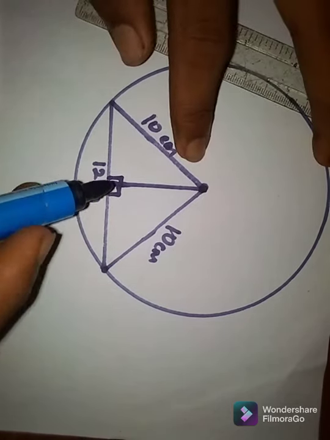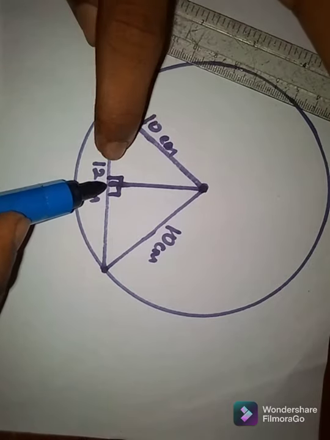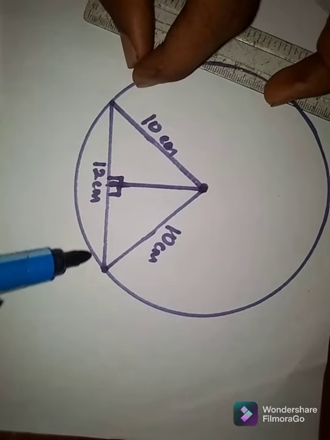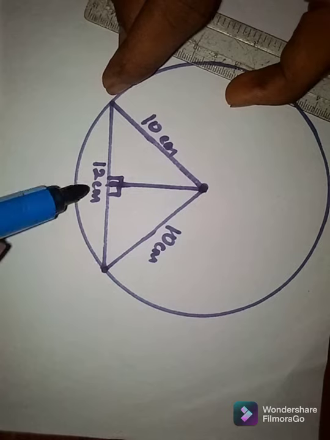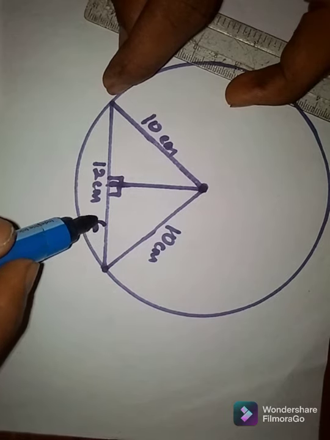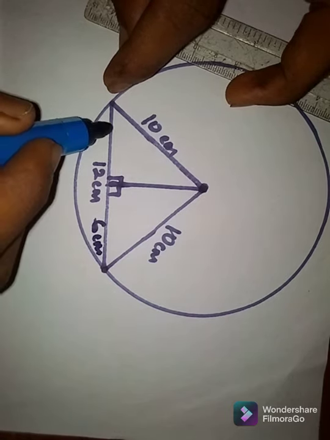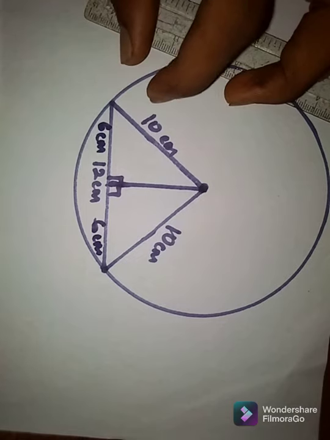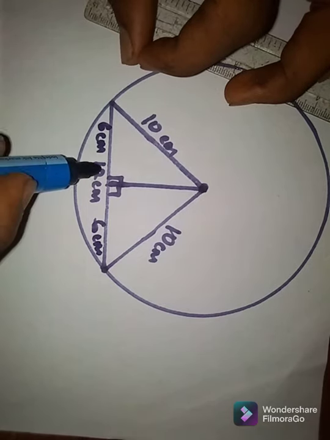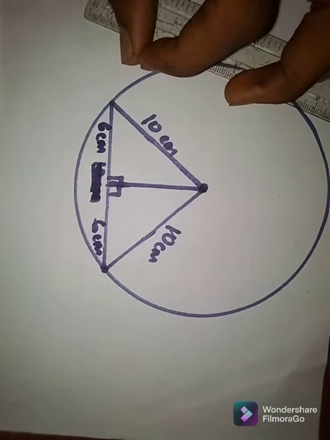As I said earlier, that it bisects the line simply means it divides the chord into two equal parts, meaning that here will be 6 cm, here will be 6 cm. So we can get rid of the 12 for now.